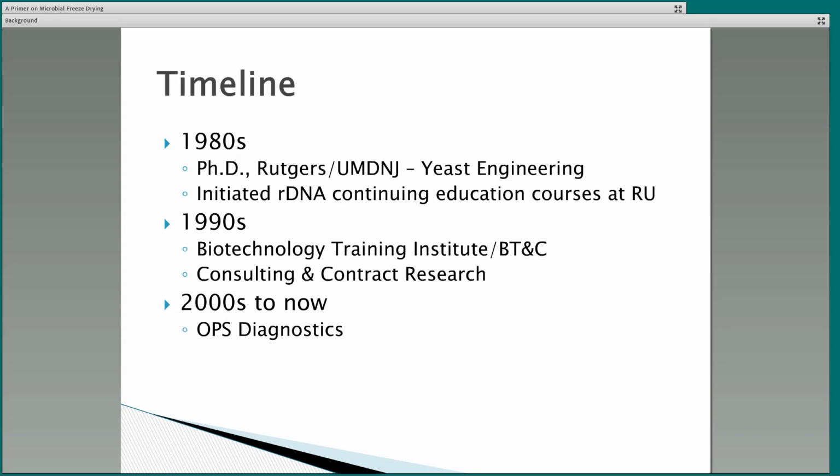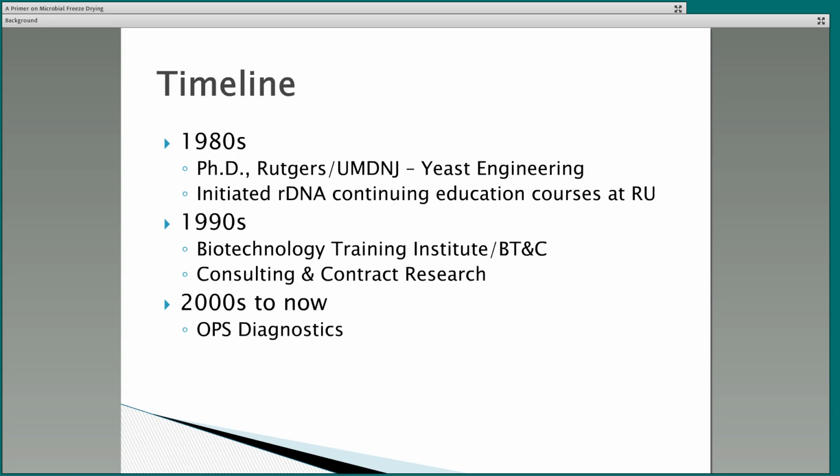We're located in New Jersey, and for those of you who've had the fortune to visit this area, it's kind of a lot of pharmaceutical companies right here. So a lot of people needed to know how to clone, and that's essentially what we did, as well as teach other things. And in that, we ended up doing some consulting and contract work, and that led finally into the 2000s, where I established a company called OPS Diagnostics, which took ideas that we developed and turned them into products. And that's really where we are now.